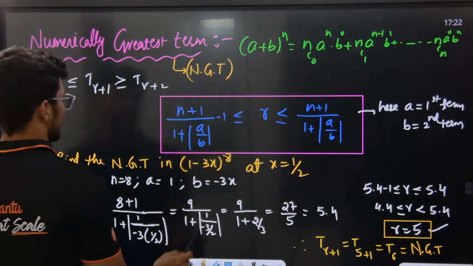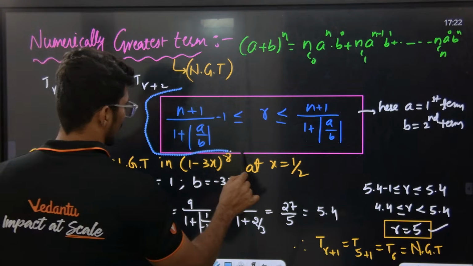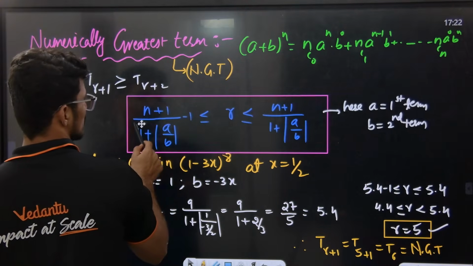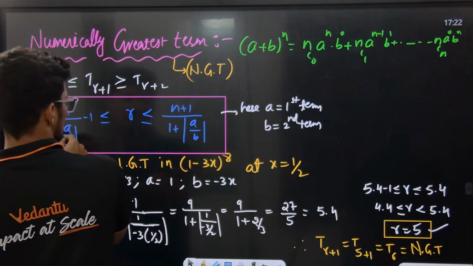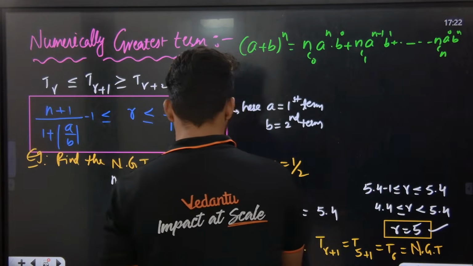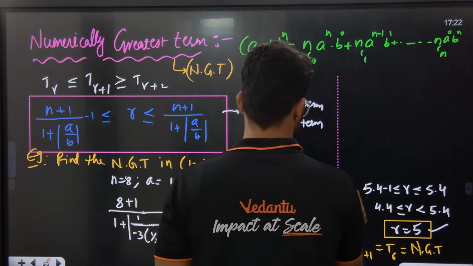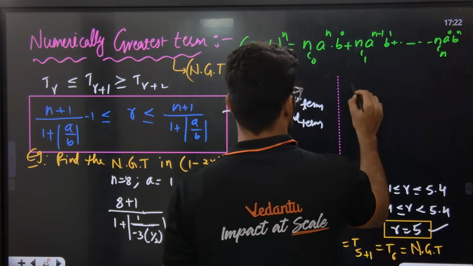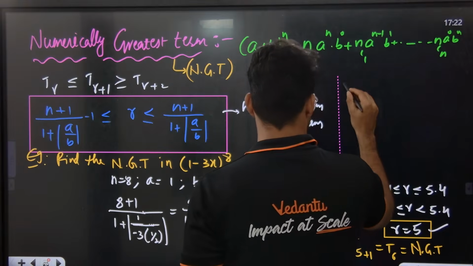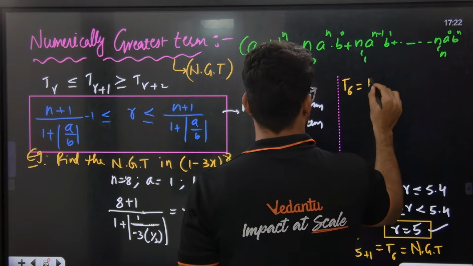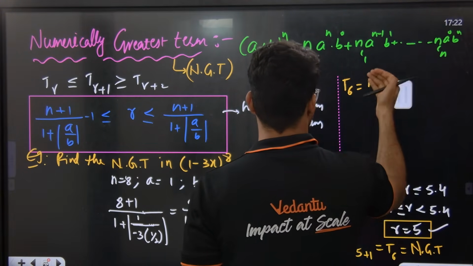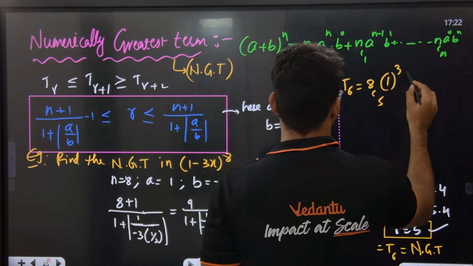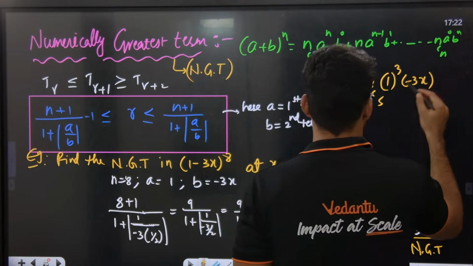So let me write it somewhere here. Okay, so T6 means what? nC5, what is the n value? 8. 8C5, first term to the power of 8 minus 5, that is 3, times minus 3x to the power of 3.